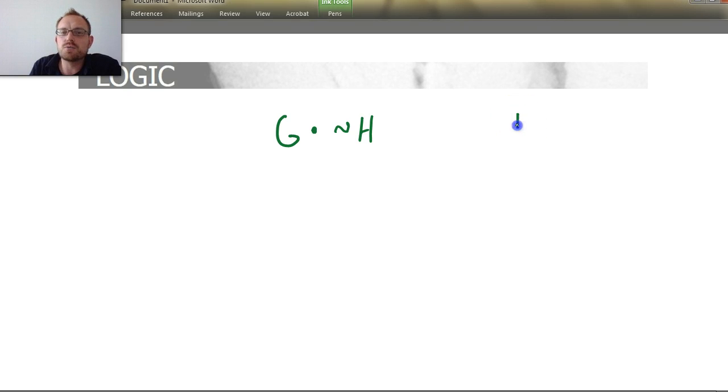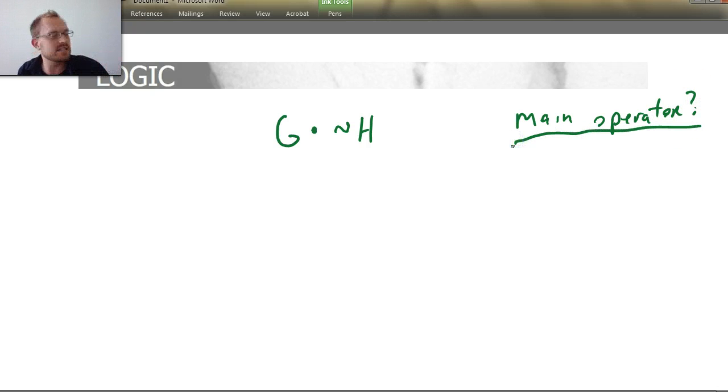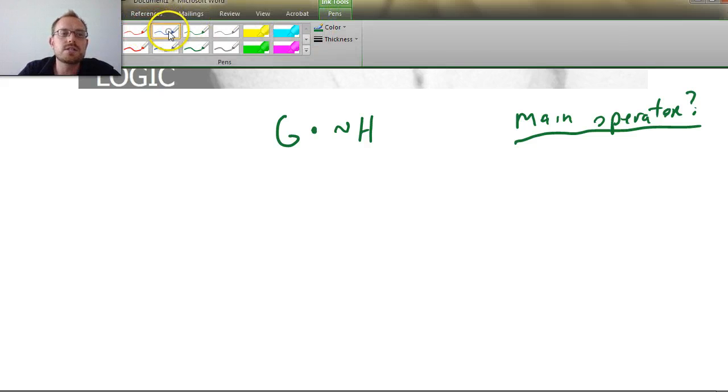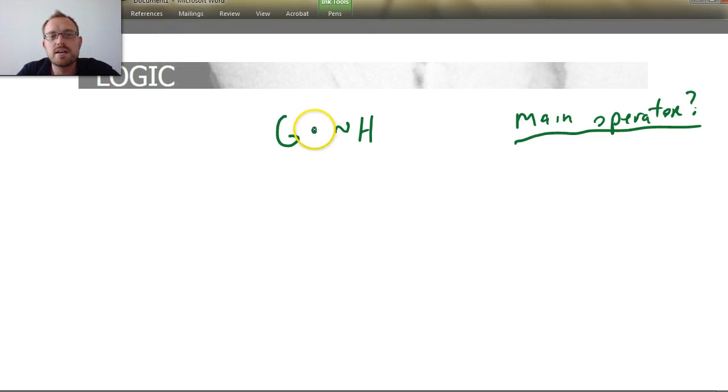Now here's a question. What's the main operator? Right? Because one of the things that's going to be critical, and you're not going to really see it in this chapter, but in the next chapter you're going to see this, and it's going to be critical throughout, is that you can identify the main operator. How can you figure out what the main operator is? In this case, you see here we have two different operators, right? We have the conjunction and we have the negation.